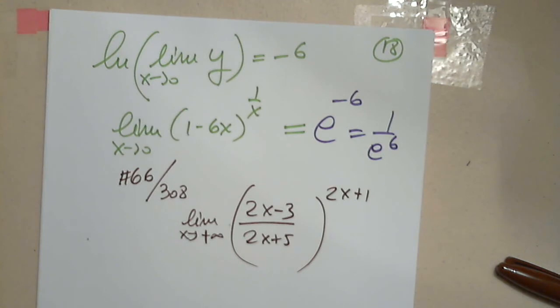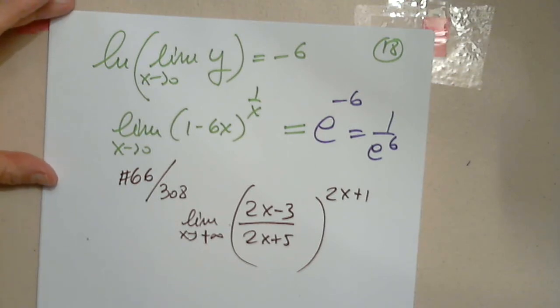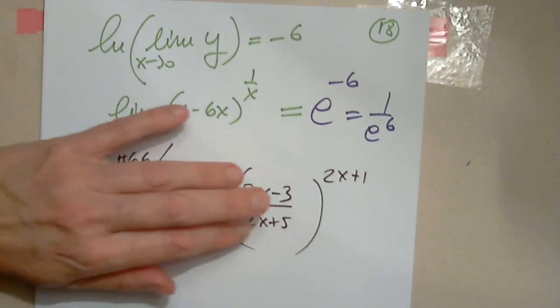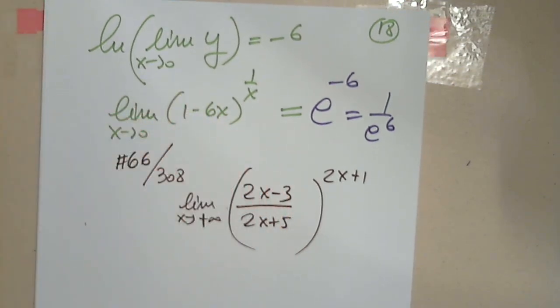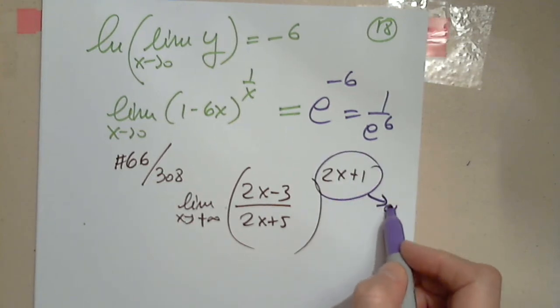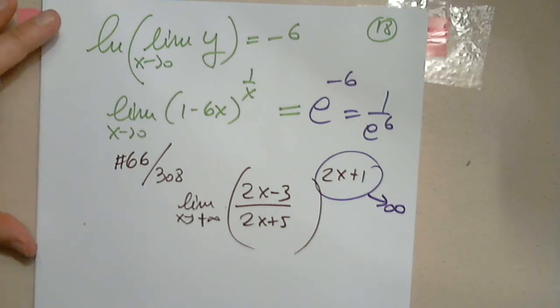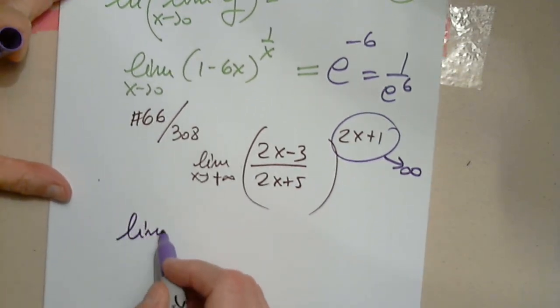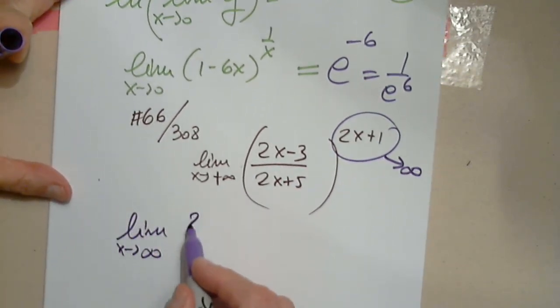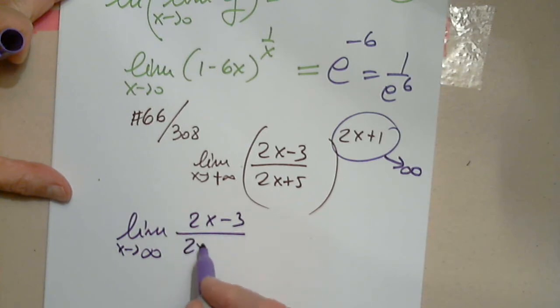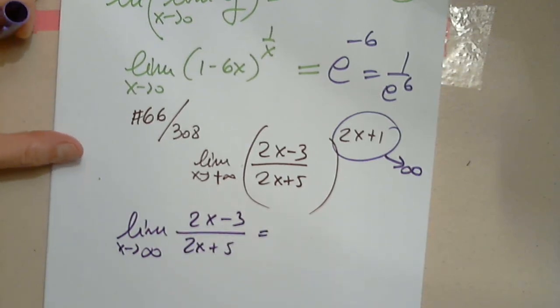Okay, so with this problem, like always, we have to see what type of indeterminate case we have. And I have to study this first. Obviously, this approaches infinity. There is no discussion there when x approaches infinity. But I need to discuss this, because I don't know what the limit as x approaches infinity of 2x minus 3 over 2x plus 5 represents.